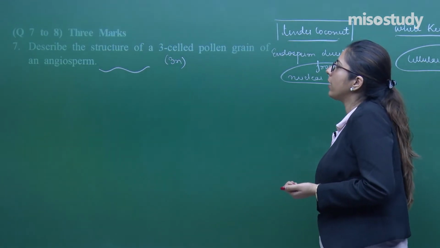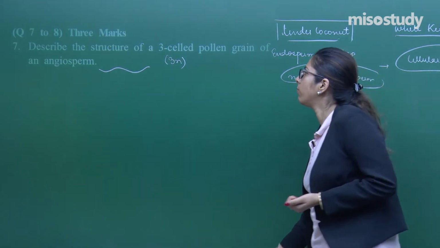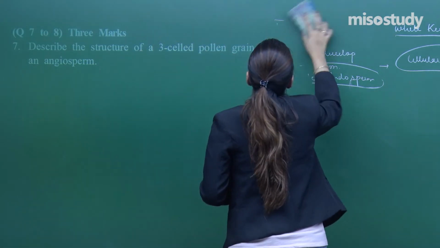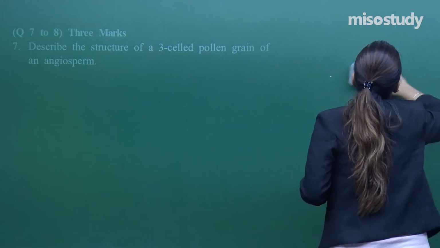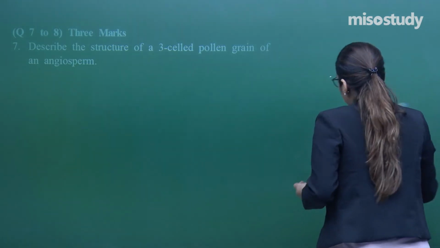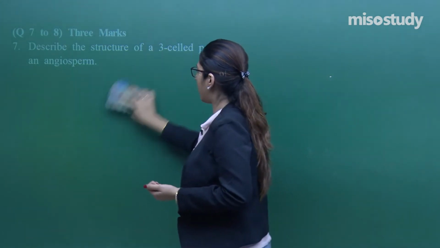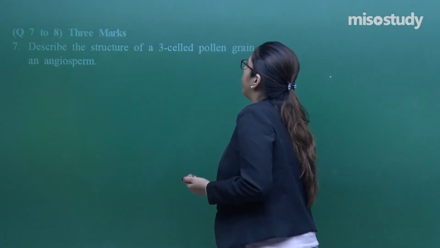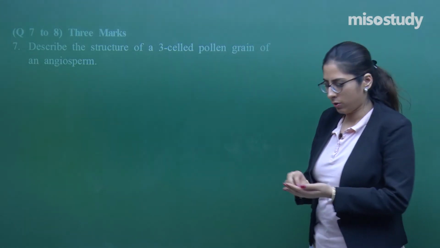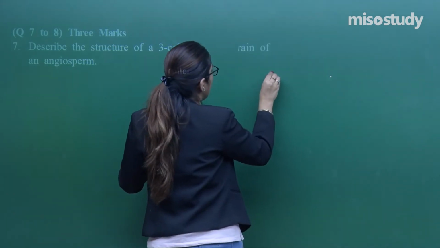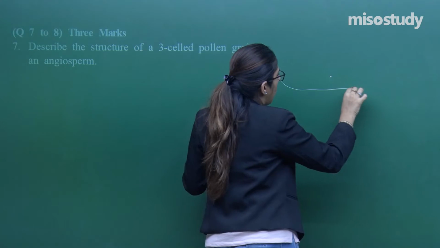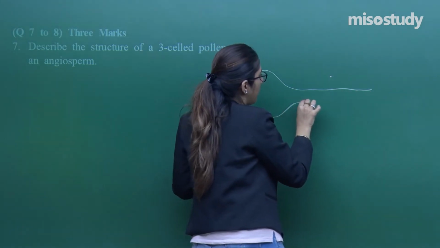Let's move on to the next question. Again, this is of a new category. Describe the structure of a 3-celled pollen grain. Hope you remember the diagram. I'll be giving you a rough diagram of a 3-celled pollen grain. If you remember, in the session I drew one diagram of this 3-celled pollen grain.